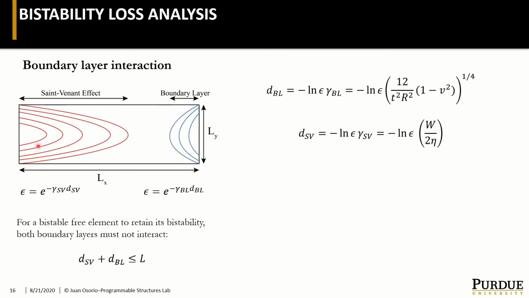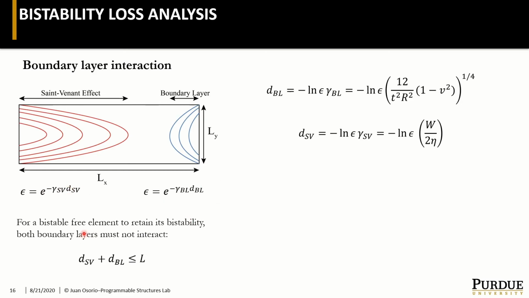So we came up with this criterion. The idea is that these two boundaries don't interact, and we need to solve these two boundary equations. Here epsilon is the percentage you want your edge load to decay. So essentially, if this is 10%, it means that the edge load decays 90% at a distance of d.